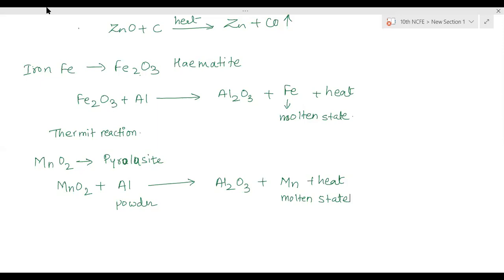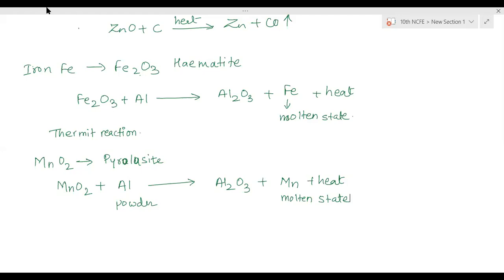So to reduce them, a normal reduction method, any reducing agent or any other different process won't work. Only electrolysis can reduce these elements, and pure metal is obtained.